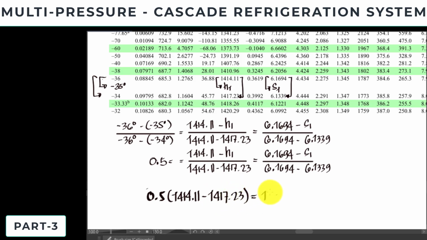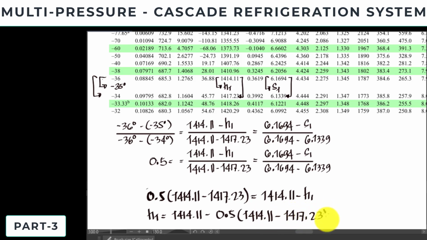Now to get the enthalpy 1, transpose it. So we have 1414.11 minus 0.5 times 1414.11 minus 1417.23.